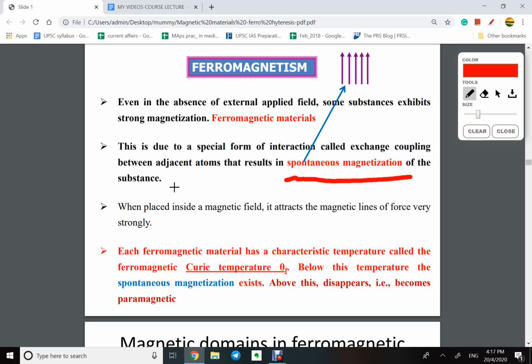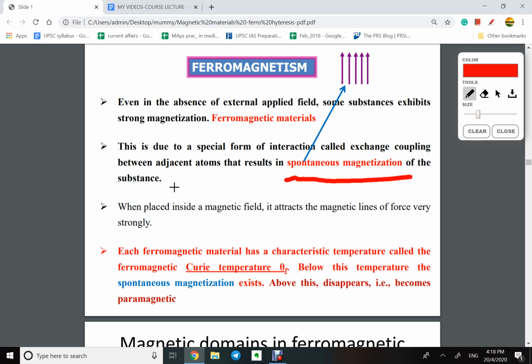So if you take a ferromagnetic material which consists of a number of atoms, there is exchange coupling between the adjacent atoms, due to which the resultant spin of each atom aligns in the same direction. So this results in spontaneous magnetization, because magnetization means spins getting aligned in the direction of the applied magnetic field.